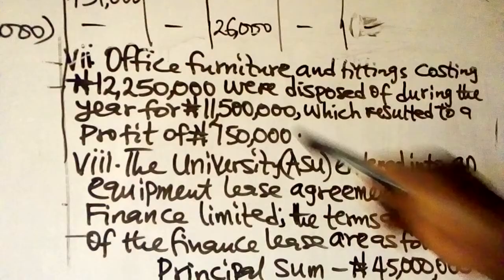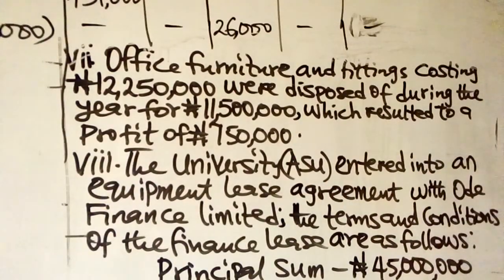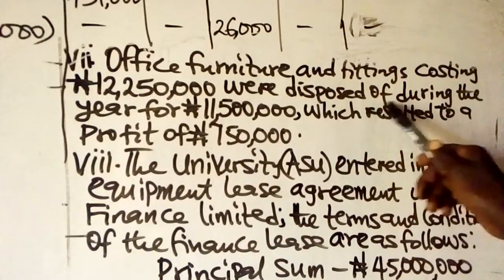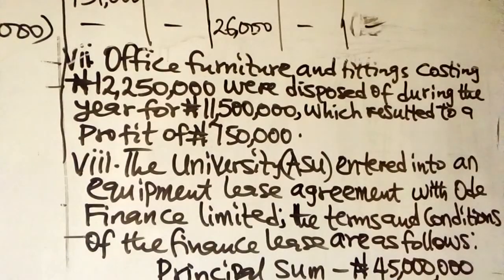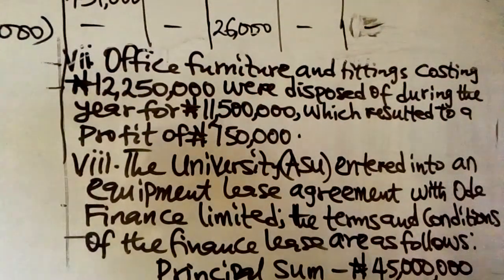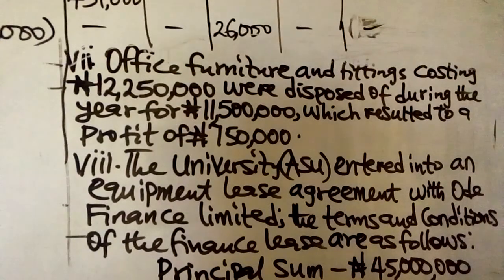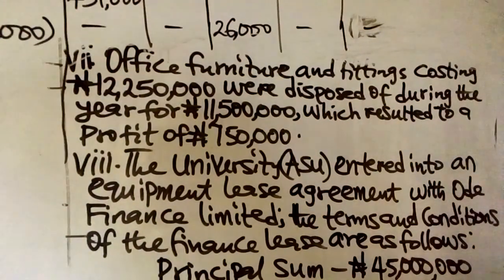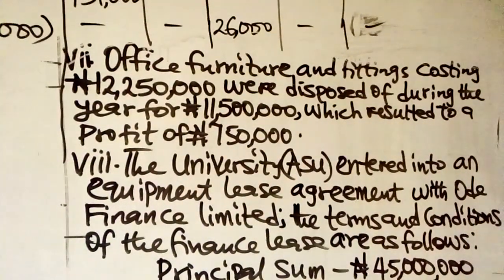Office furniture and fittings costing 12,250,000 were disposed of during the year for 11.5 million. This is a disposal of office furniture because it was sold. By disposal we mean sales of an asset.